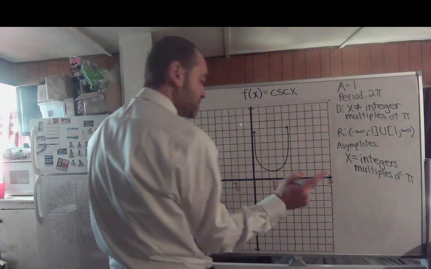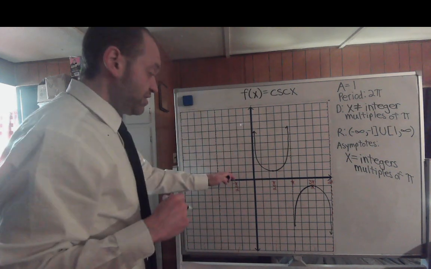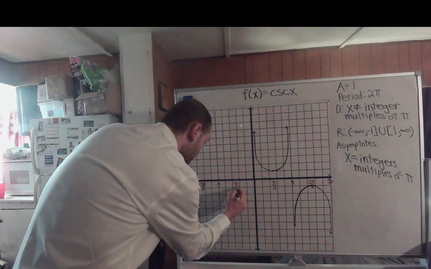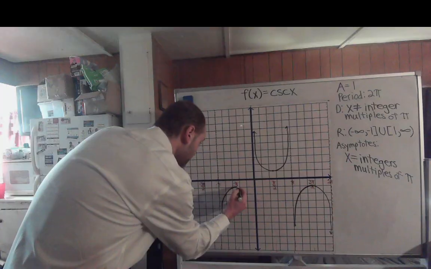3 pi over 2, your sine is negative 1, so it's going to go down like this. And then let's see, negative pi over 2 is also negative 1, so it's going to come down like this.